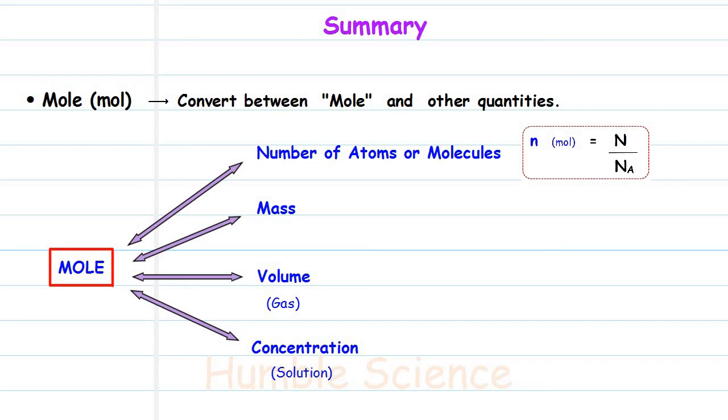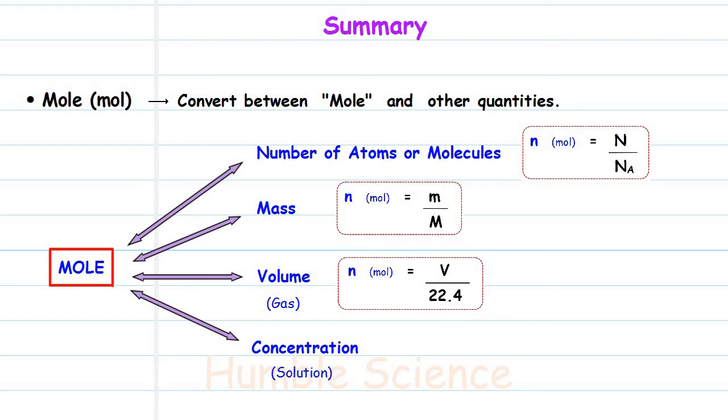To convert between mole and mass, we can use mole equal to little m divided by big M. And to convert between mole and volume for gas, we took a look at two cases. If the gas is at STP, we can just divide the volume by 22.4. But if the gas is not at STP, we will use PV over RT.